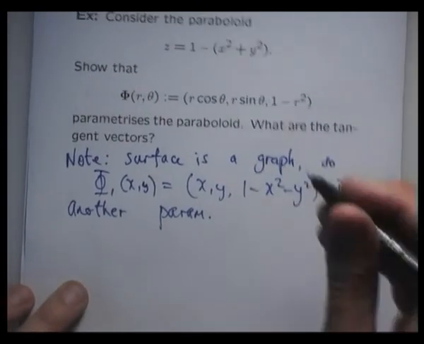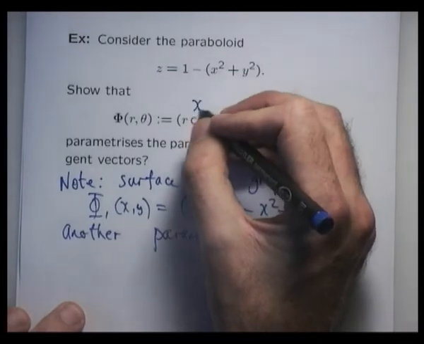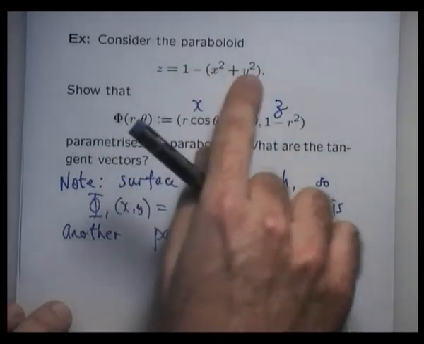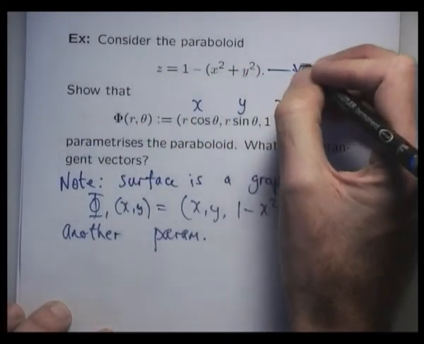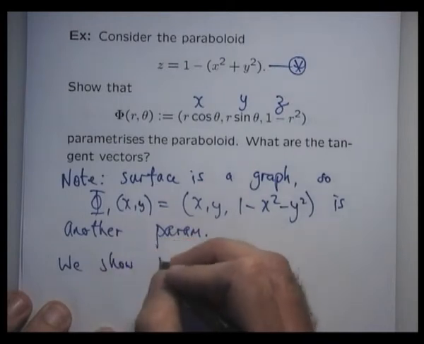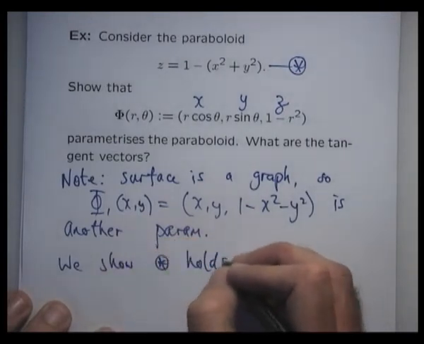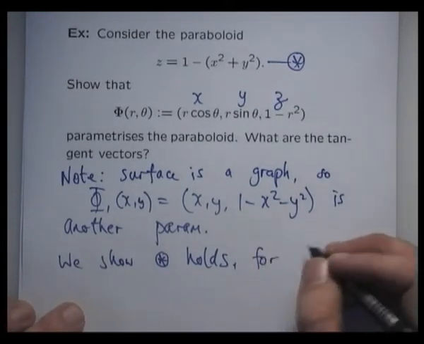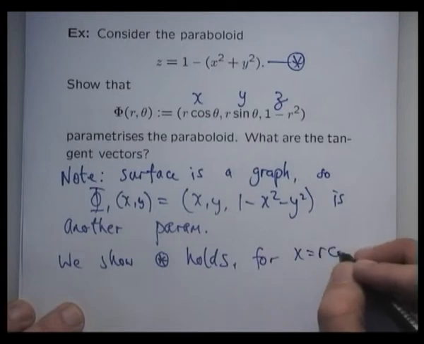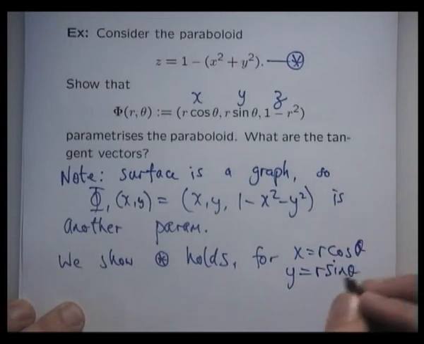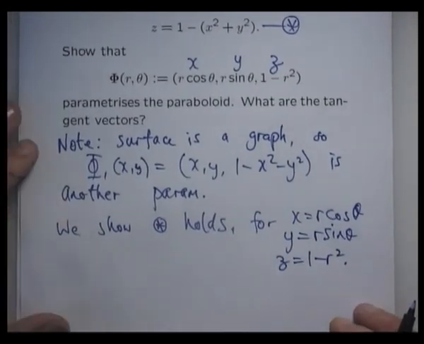Okay, so here we've got x, y, and z. All you need to do is put these in and show that star holds. Okay, so all right, it's quite easy.